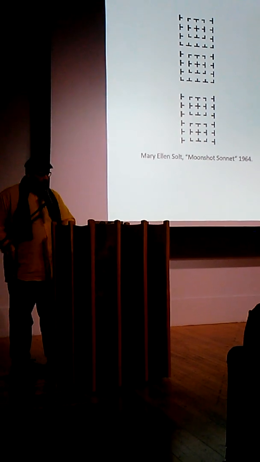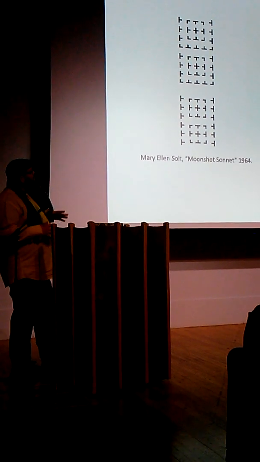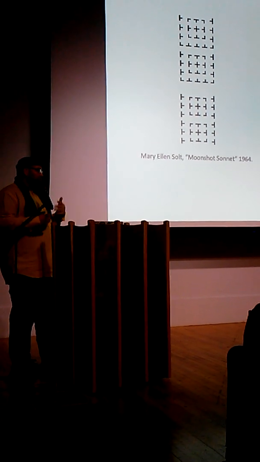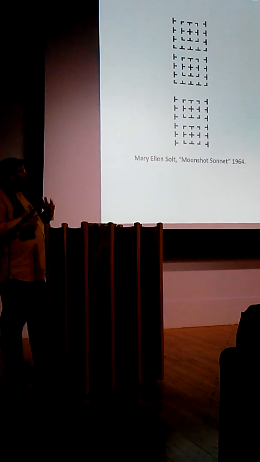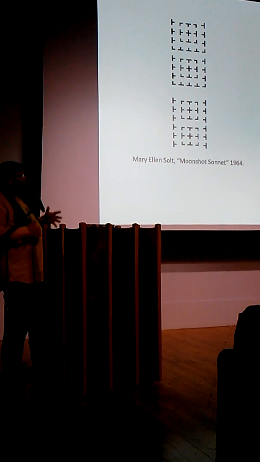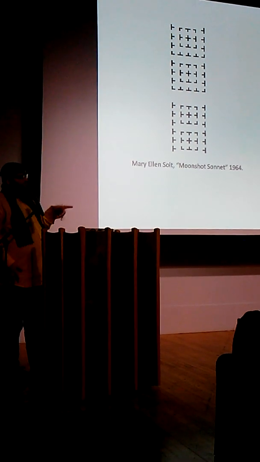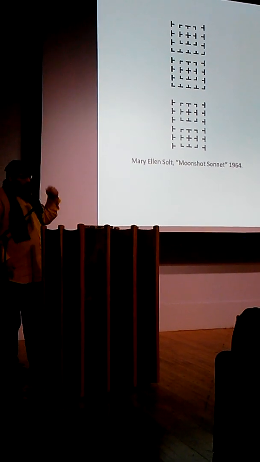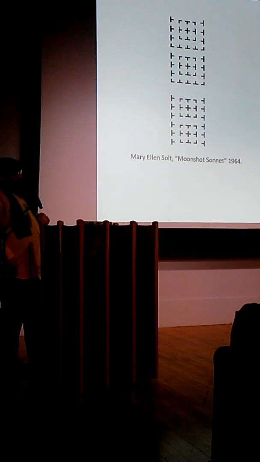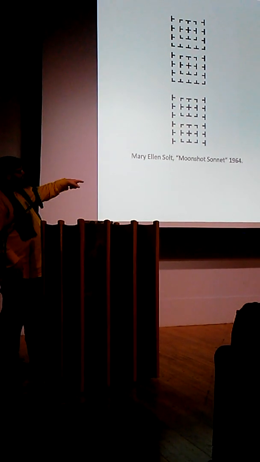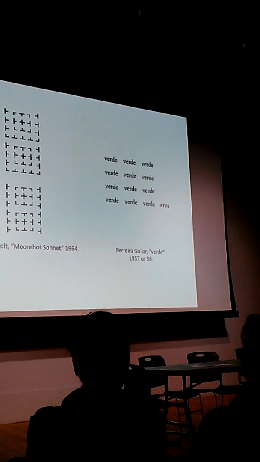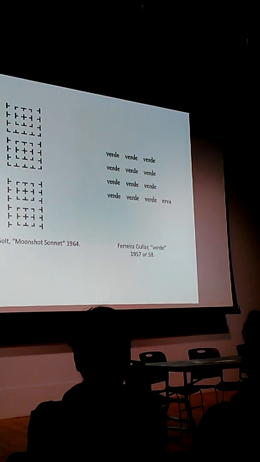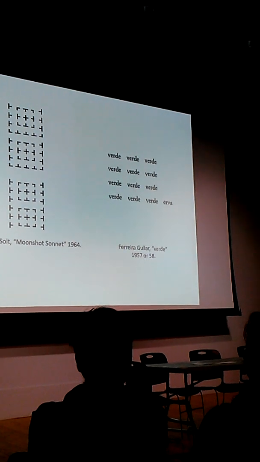So I call all this stuff concrete poetry because I like that it's a hard term, it's physical, it feels something, but it's generally called visual poetry these days, since the 1970s. We'll get into why. So Ferreira Gullar is Brazilian, and verde, you probably know means green, and erva means grass.